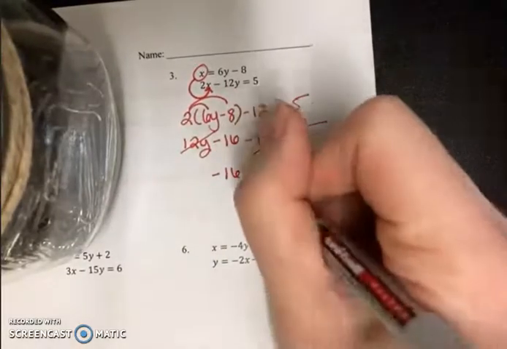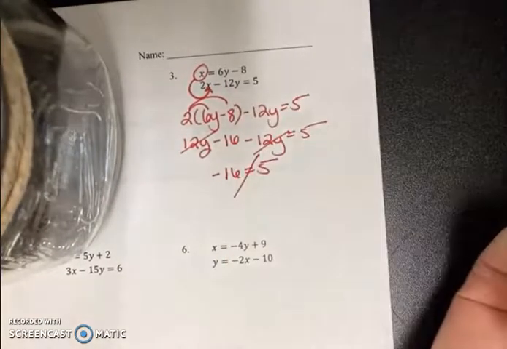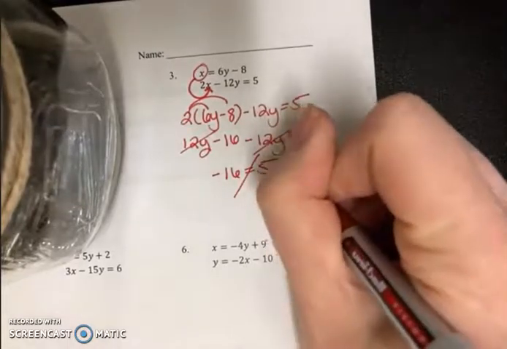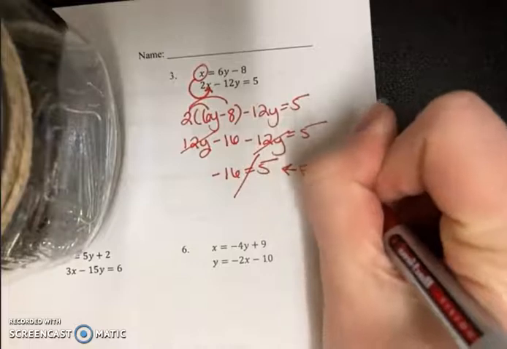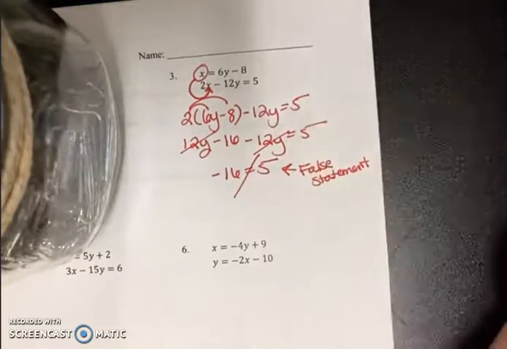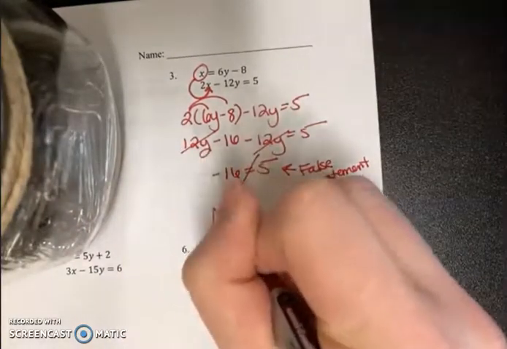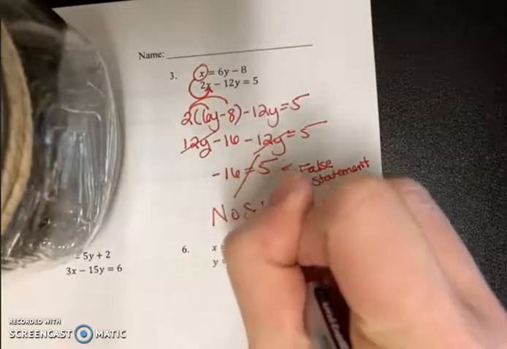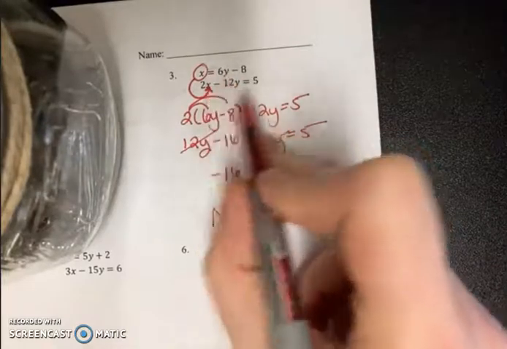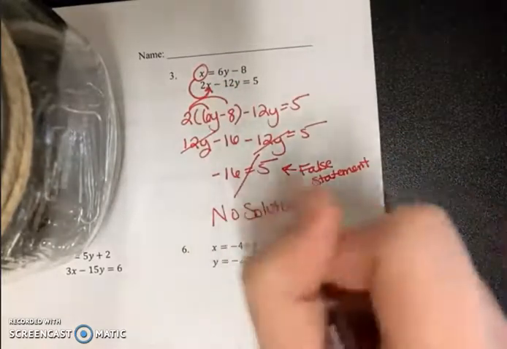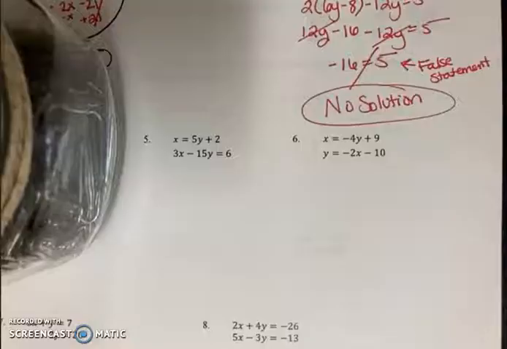And negative 16 does not equal 5. Whenever you have a false statement, so something that cannot be true, that means there is no solution to the system of equations. So no solution is what we want to put there.